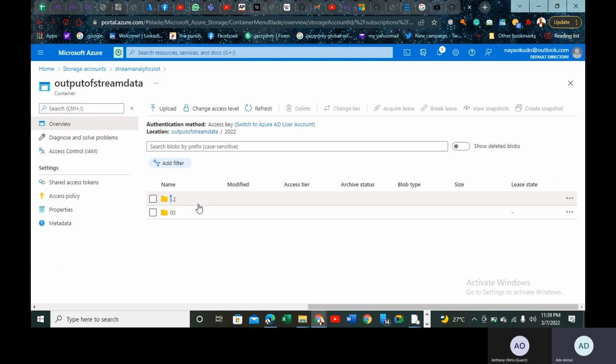If I open the year now, my streaming data was generated by the computer. You set a parameter of the kind of information you want it to get. Yes, the parameter is already here.